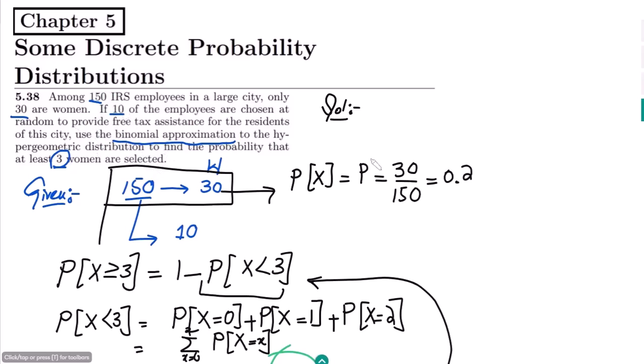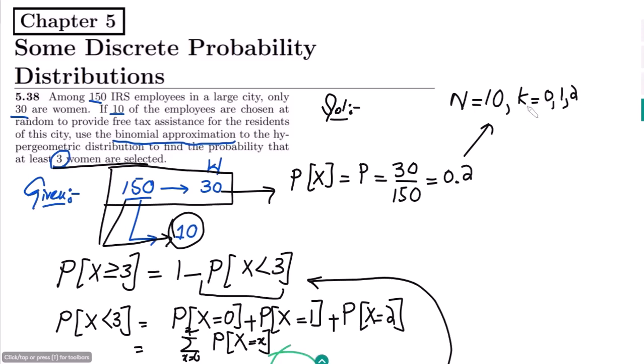Out of this population we have selected a sample, and out of the sample I have to find the probability that women selected are at least 3. The number of items now is 10, while the values of k would be 0, 1 and 2. We have to find them and then subtract them from 1.